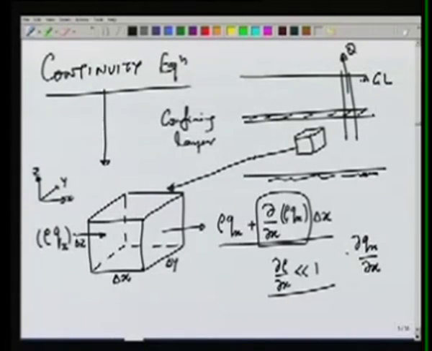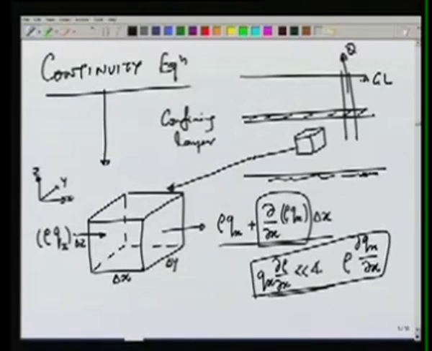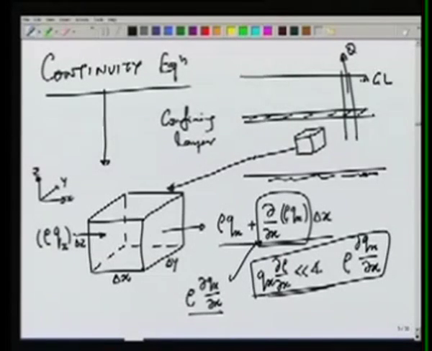So if we write rho del qx by del x, and compare it to this term, it can be neglected. And therefore, generally we write this term only as rho del qx by del x. So we will be making this assumption that the change in density can be ignored, and therefore it can be taken out of the derivative, and we can write it as rho del qx by del x.